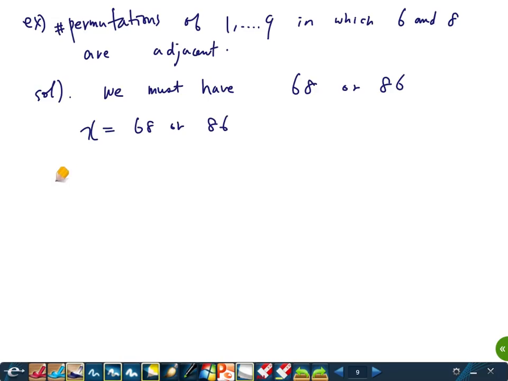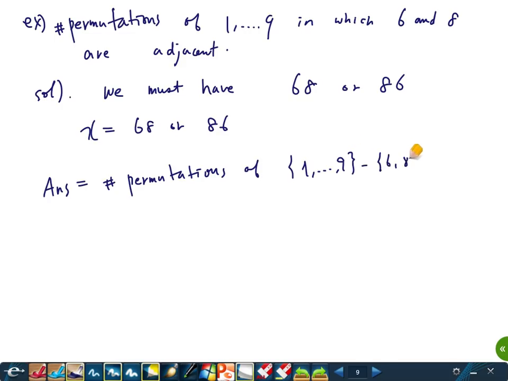Then the answer will be the number of permutations of elements, like 1 up to 9 minus 6, 8. We remove these and add x, right? And of course, times the number of choices for x, because we have two choices for x too.